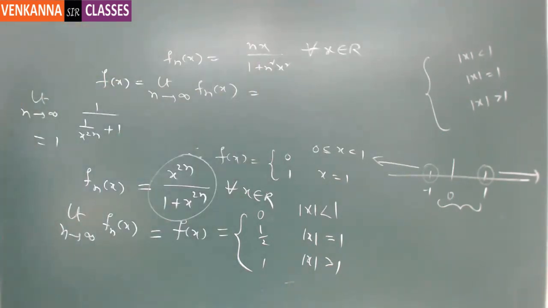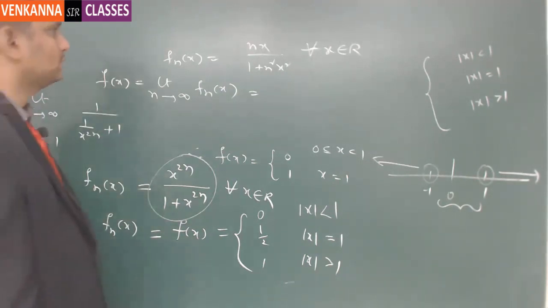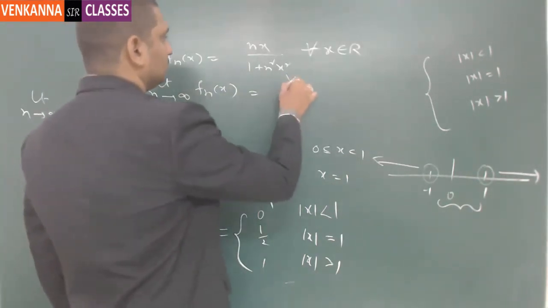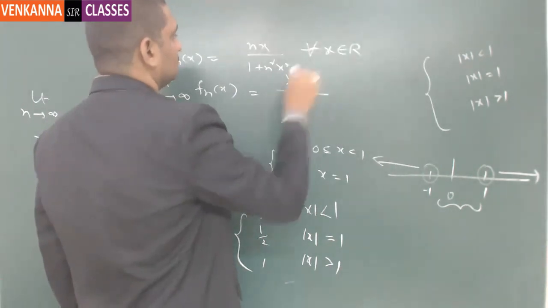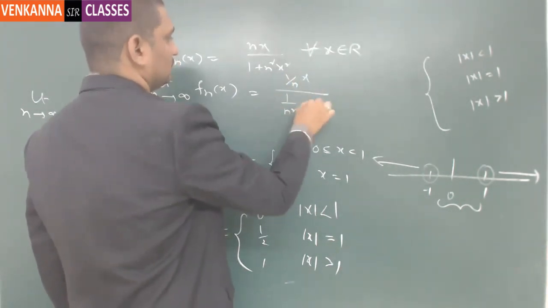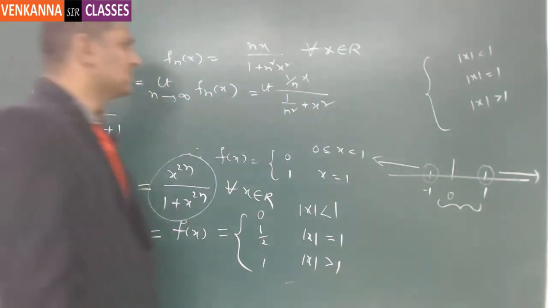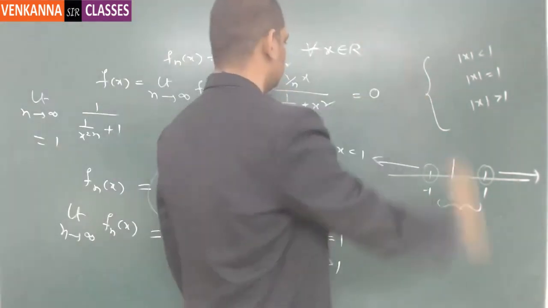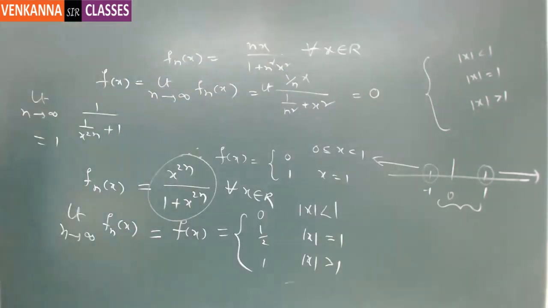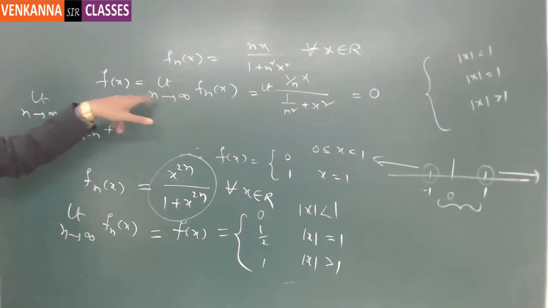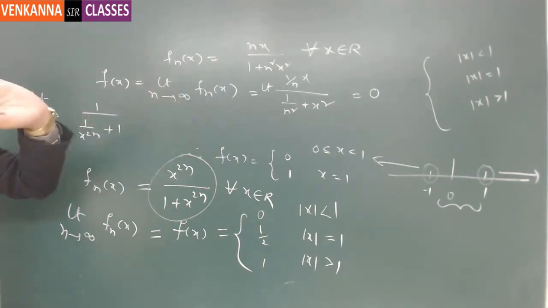If you divide the numerator and denominator by n square, you will get the limit as 0.